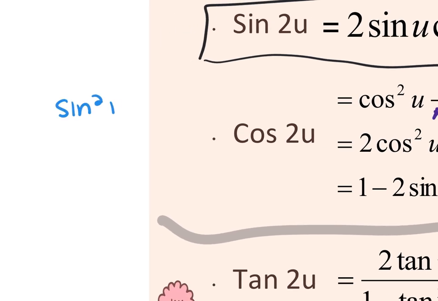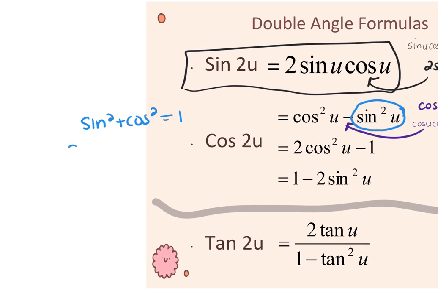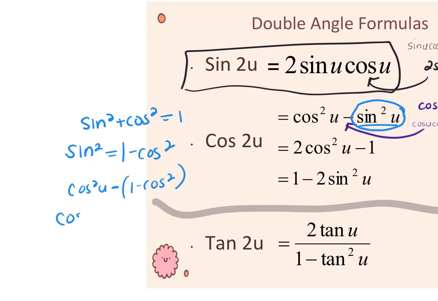Sine squared plus cosine squared equals 1, which means sine squared by itself would equal what? 1 minus cosine squared. So if I took that and made it cosine squared u minus (1 minus cosine squared), I get cosine squared u minus 1 plus cosine squared, which is 2 cosine squared u minus 1.